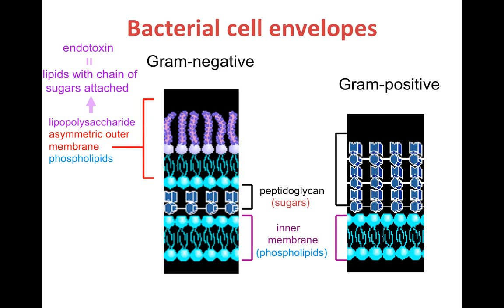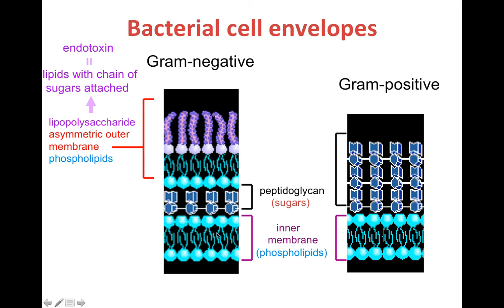In order to understand how bacteria react to the immune system, we need to review bacterial cell envelopes. Bacteria can be classified into either gram-negative or gram-positive bacteria. Gram-negative bacteria have two membranes, an inner membrane and an outer membrane.